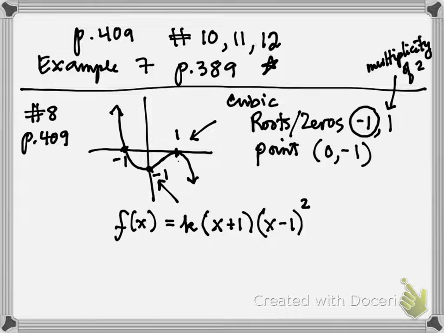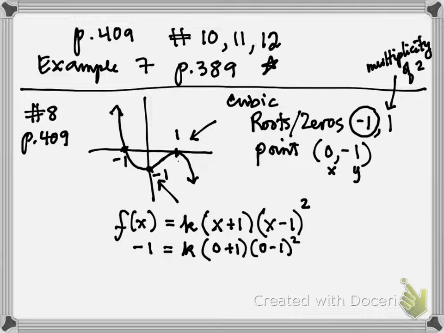So now, I'm ready to find the value of k. So to find the value of k, I'm going to use the given point that I have. My given point is 0, -1, so x here is 0, and y is -1. So I'm going to replace my f of x, which is my y, as -1. Then I put k there. Now I'm going to replace x by 0, so 0 plus 1, and then 0 minus 1 squared.